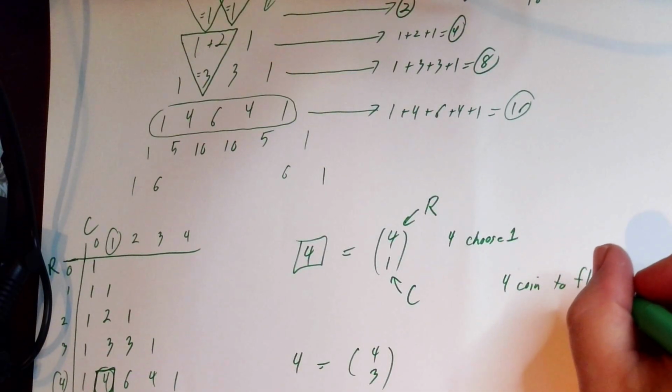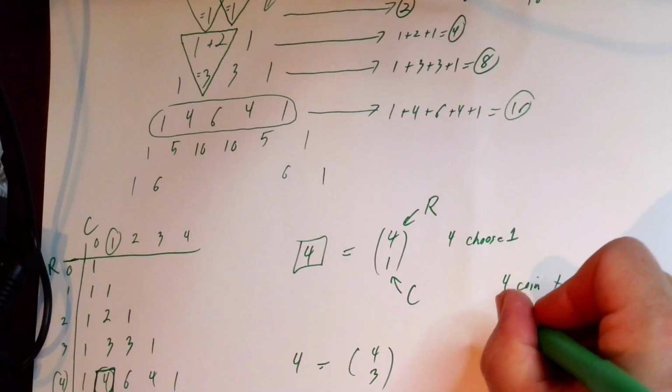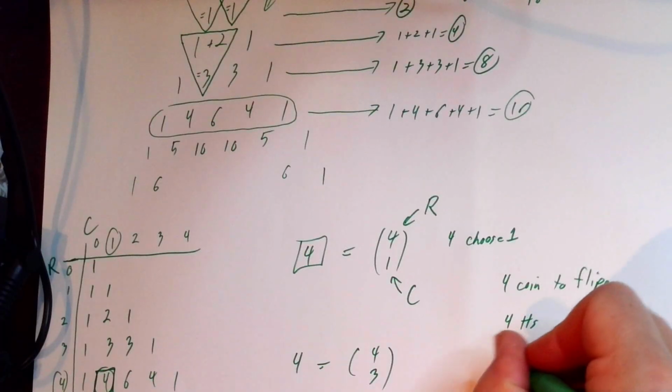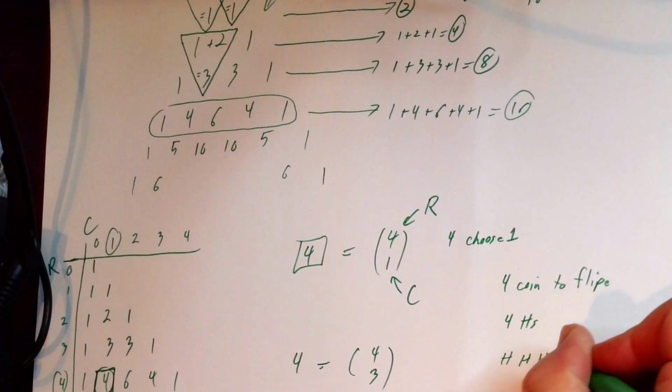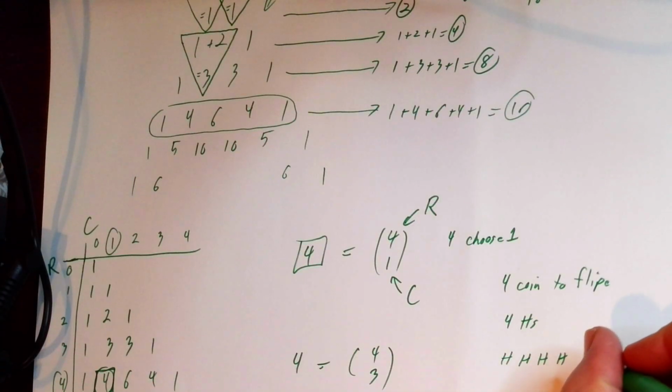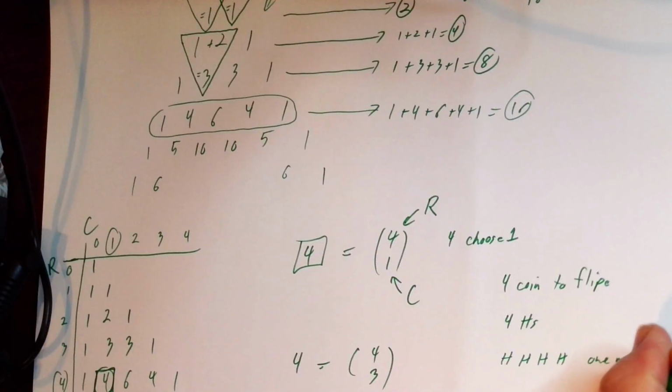So 4 coins to flip. If we wanted to get 4 heads, we can get head, head, head, head. And that's it. That's unique. There's only one way, right? It'd be similar for 4 tails.